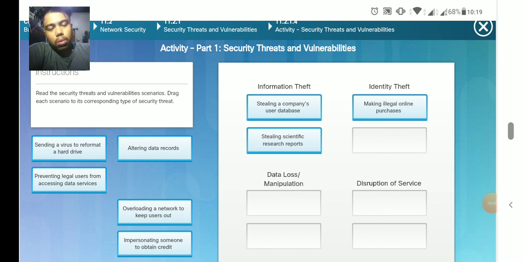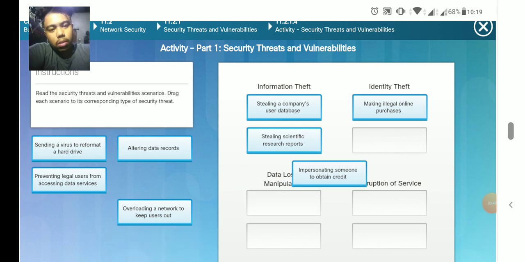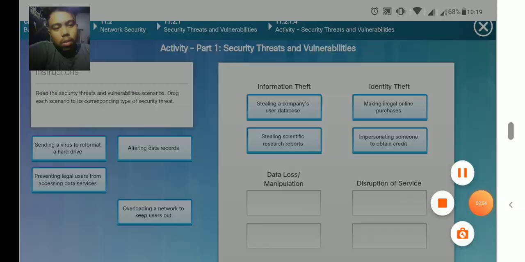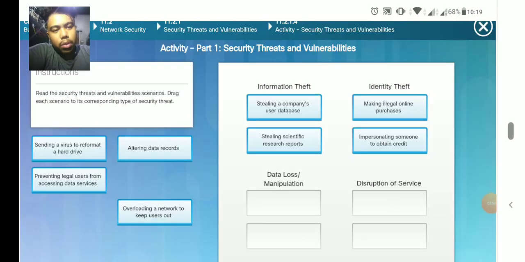And also impersonating someone to obtain credit, as I said, using another's identity is classified as identity theft.